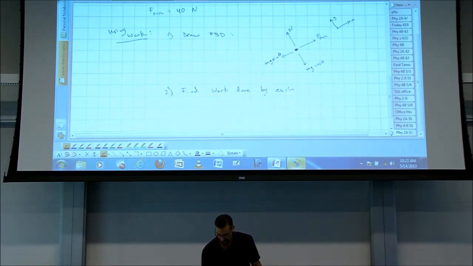So once we've got our free body diagram, we're going to find the work done by each of those forces on the block.